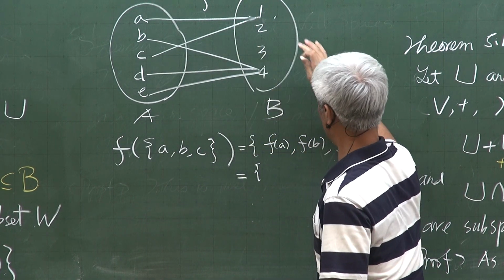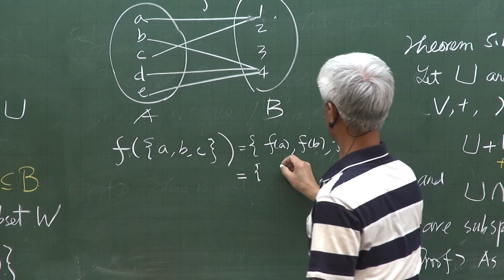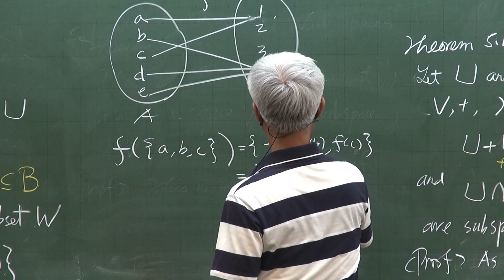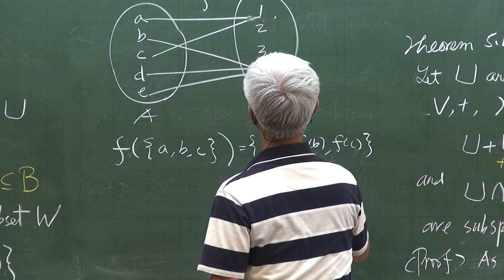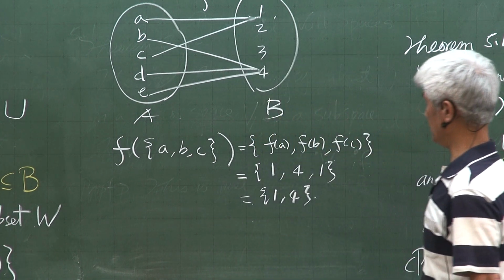F of A is 1, F of C is 1, right? So it's 1 and 4 and 1. So that is 1 and 4.